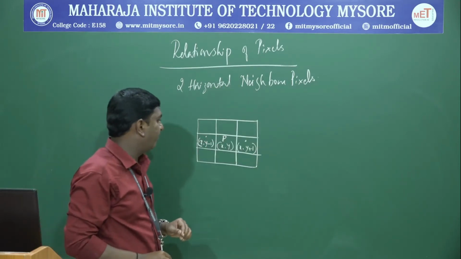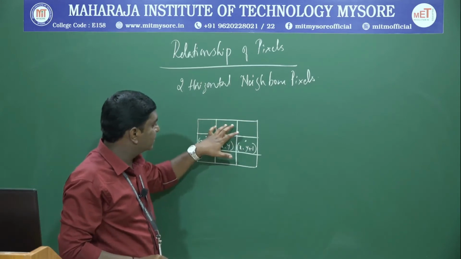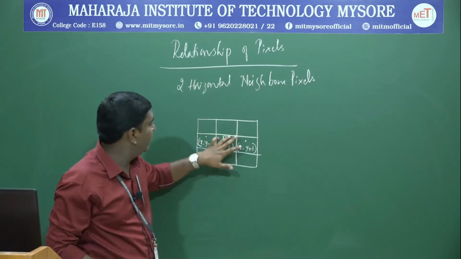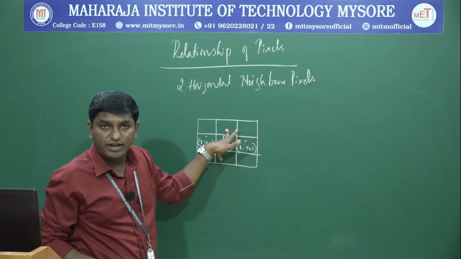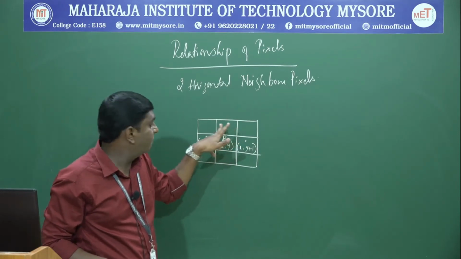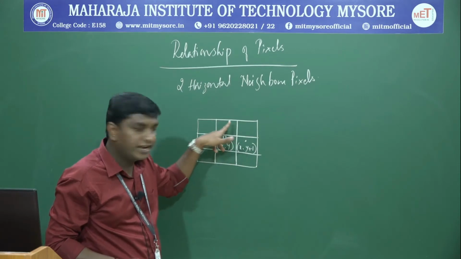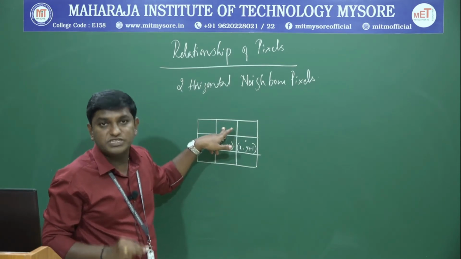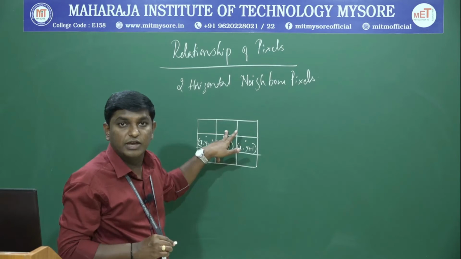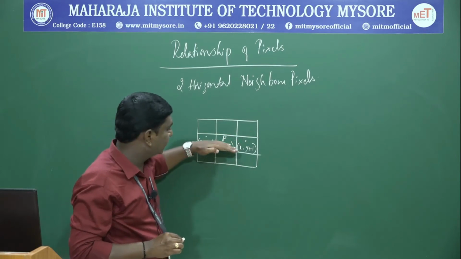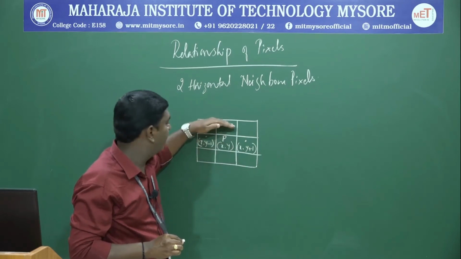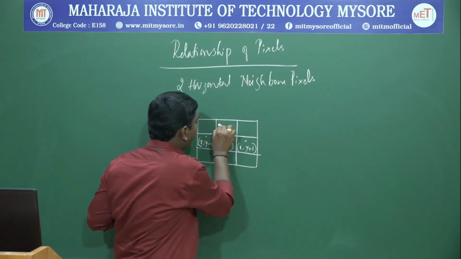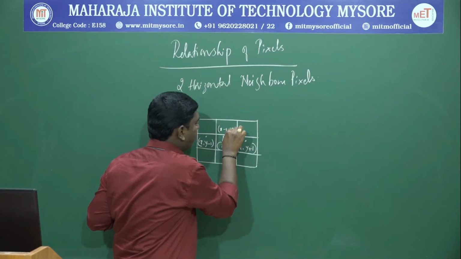Next we will concentrate on the neighboring pixels above pixel P and below pixel P. These are also neighbors of P, right? Now if we start writing the coordinates of this pixel, it comes something like this. I am moving one unit above, so the coordinates are x minus 1 comma y.